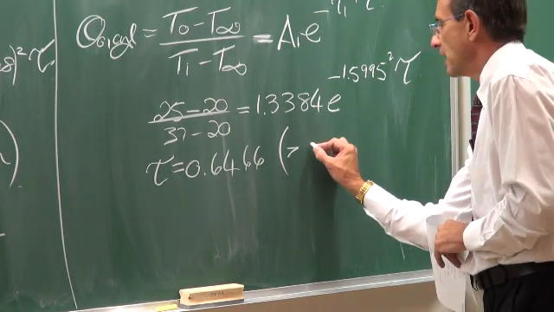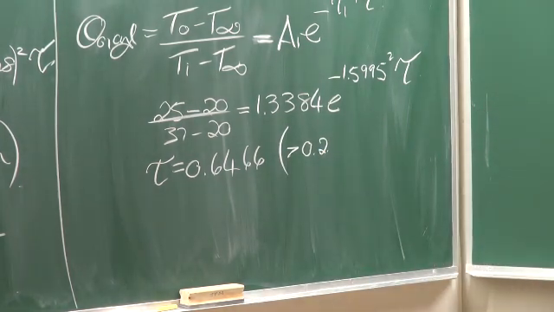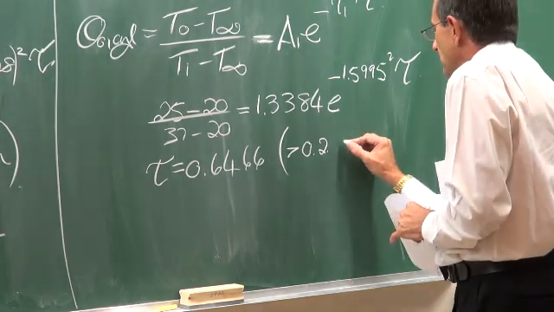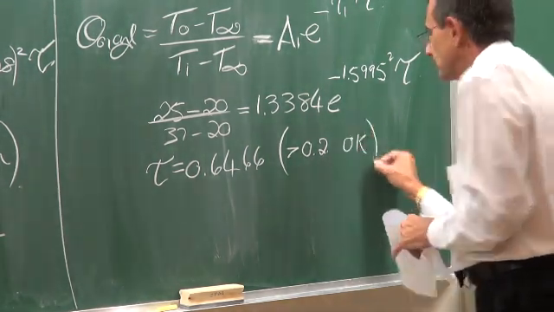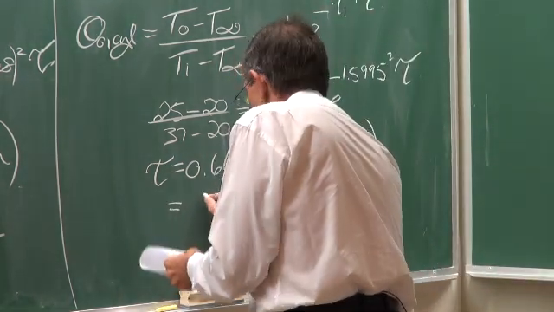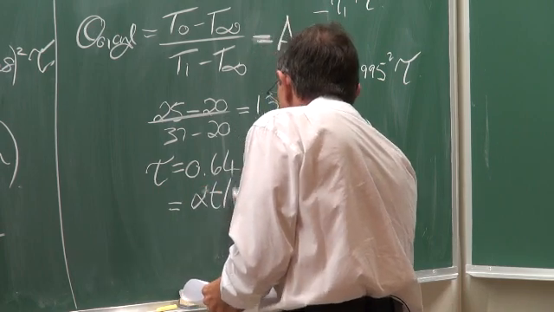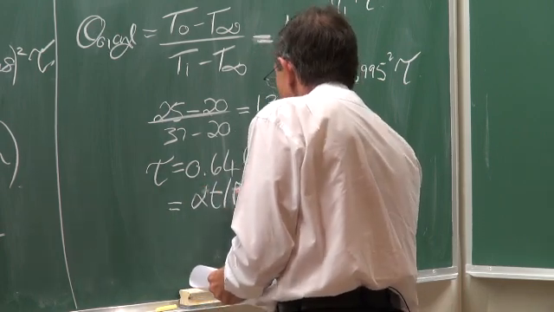It is larger than 0.2. Why is that important? Because if it is larger than 0.2, then the error in our calculation would be less than 2%, which is fine. Okay, so that's okay. And from that, we can say tau is equal to alpha t divided by R0 square.